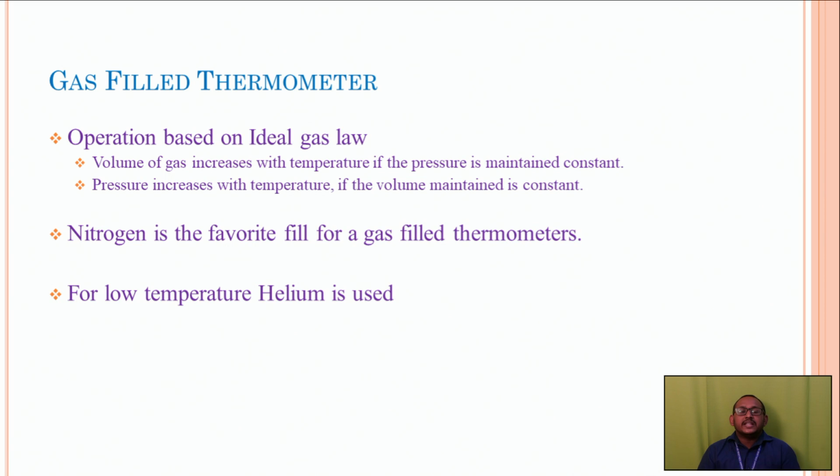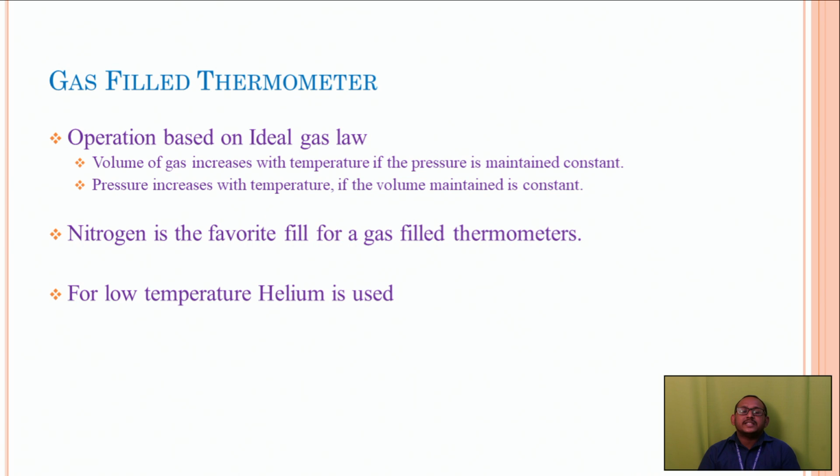If the pressure increases with temperature, then the volume of the gas has to be maintained constant. This is the ideal gas law. Based on this principle, we have built the gas filled thermometer.